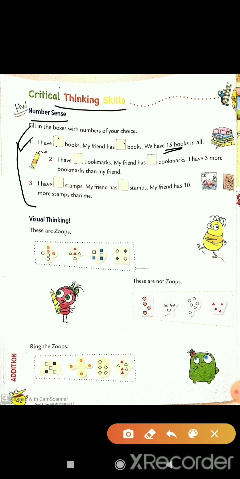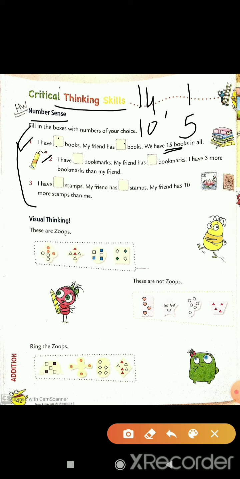For example, you can write 14 and 1 or 10 and 5 and many more. You can write numbers of your choice. Got it, students? Second, I have dash bookmarks. My friend has dash bookmarks. I have 3 more bookmarks than my friend.